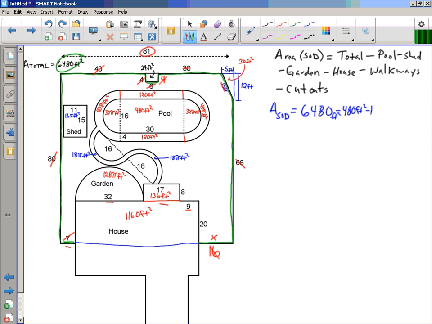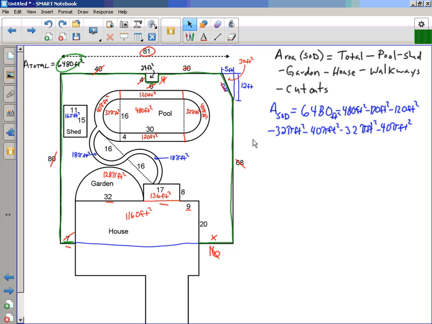Minus 120 feet squared. Minus 120 feet squared. Minus 32 pi feet squared. Minus 40 pi feet squared. Minus another 32 pi feet squared. Minus another 40 pi feet squared.